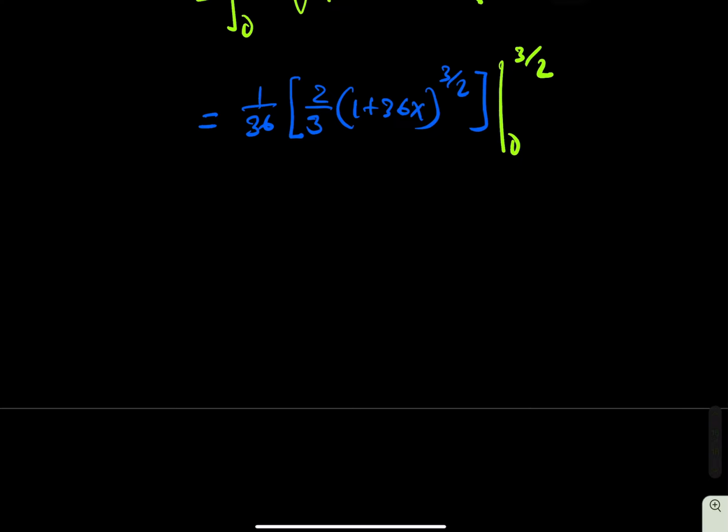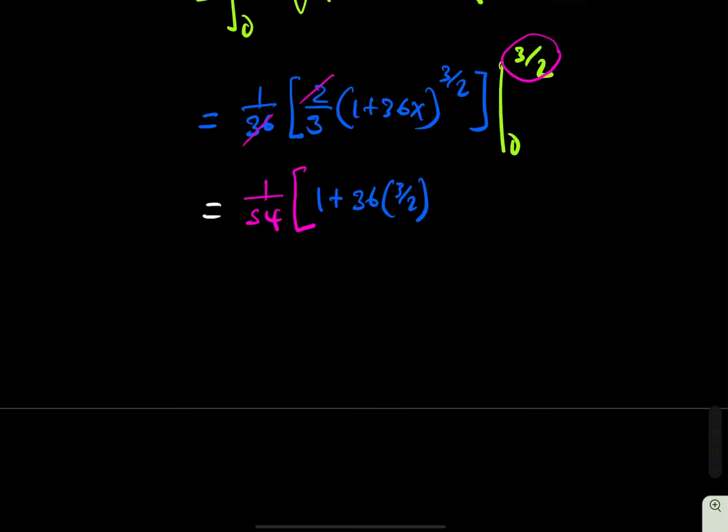And as a result, this should really take away some stuff there. So that is 18 times 3. That is 1 over 54, right? And then you substitute the value there. So this should really be 1 plus 36 into 2 over 3.